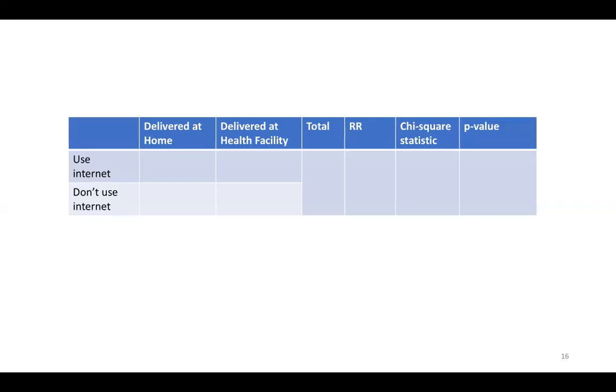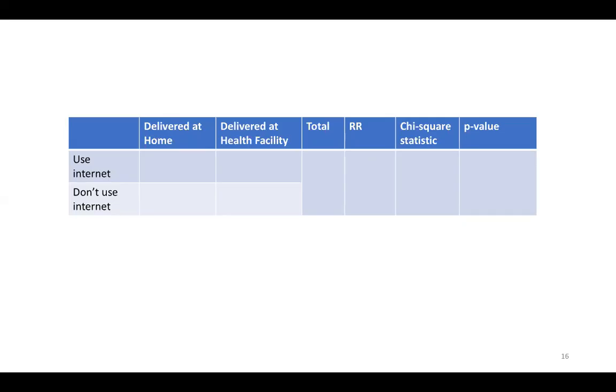A table for a cohort study would look like this. Since we know the total number of patients or participants who we follow, we can compute the risk, which is the incidence of a particular event occurring. We may choose to follow, if delivery at home is quite a common event, whereas those who use or never use the internet is quite rare.